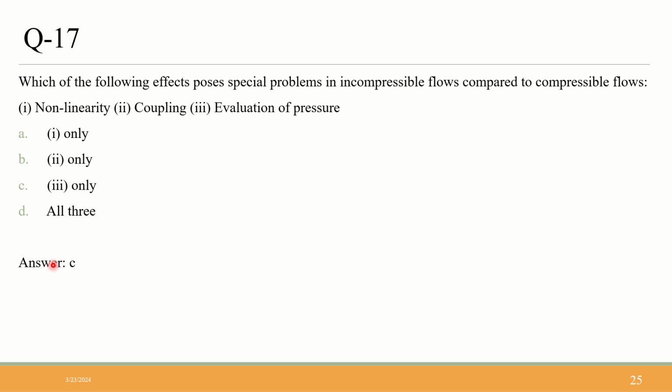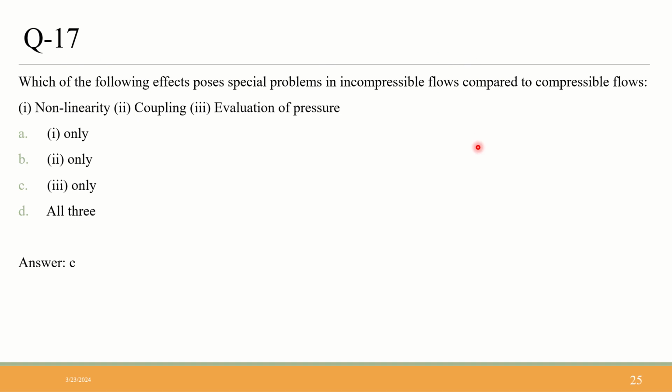Question 17 is about which of the following effects poses a special problem in incompressible flows compared to compressible flows. First one non-linearity, second one coupling, third one evaluation of pressure. Please read the question carefully whenever you are answering any question, because a similar question was asked a few slides back, where the right answer was all three, because the question was about which of the following effects poses problems in incompressible flows.